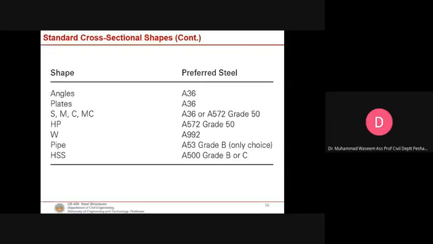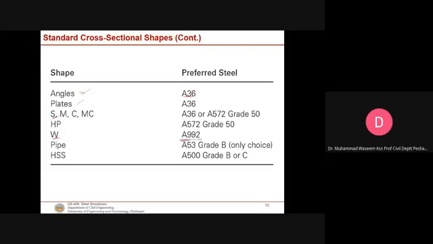So in this slide, you will see the different cross-sectional shapes and their preferred steels. Mostly, if you want to use angles, the preferred steel is A36 steel. If you want to use plates, beams, or wide flange sections, they should conform to this material.